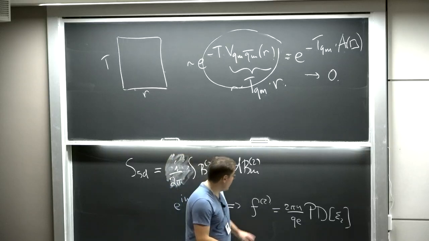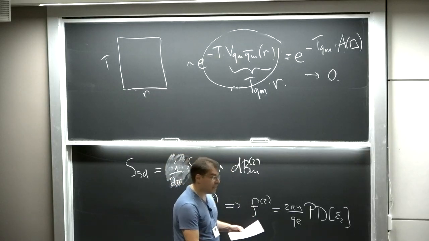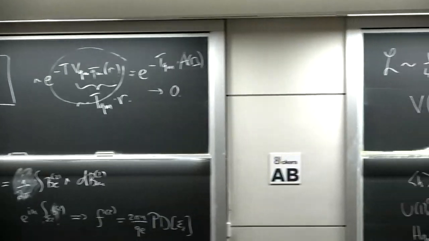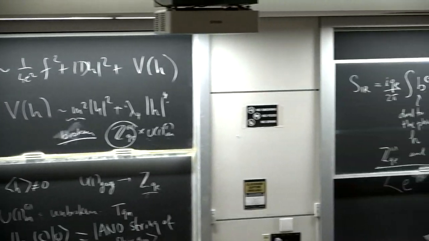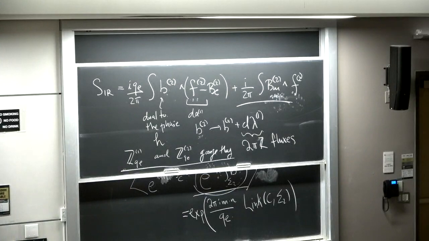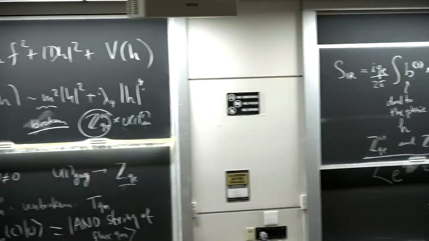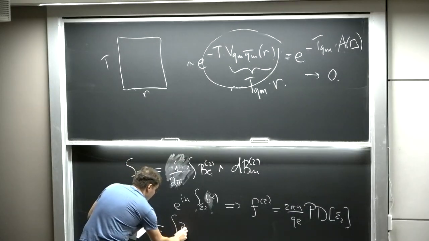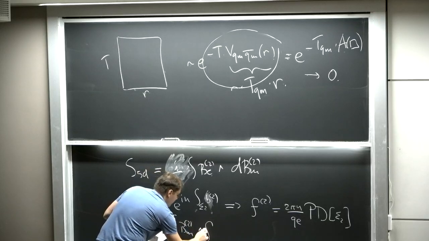Okay, so if we plug this formula back into the path integral for F, sorry that they are on opposing ends of the room, then because of this BF term here, I'm going to get a term that looks like the integral of B magnetic wedge F. That's the BF term.